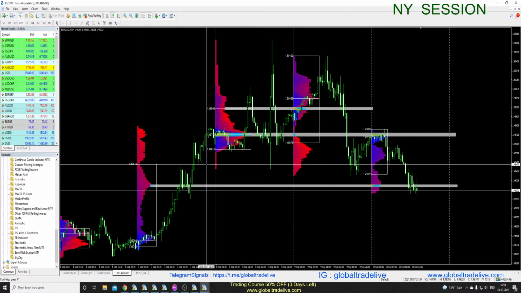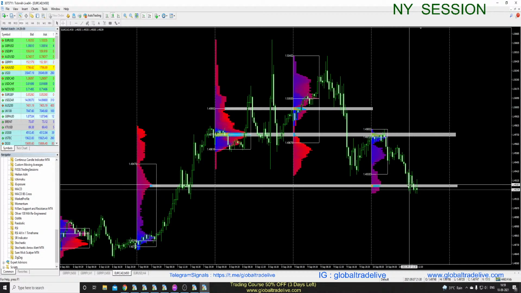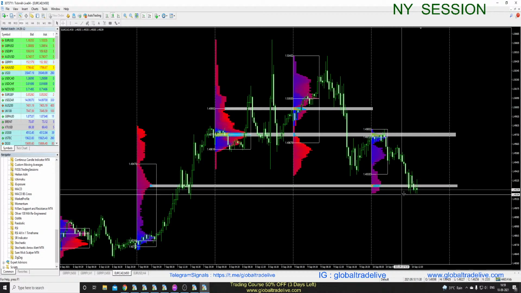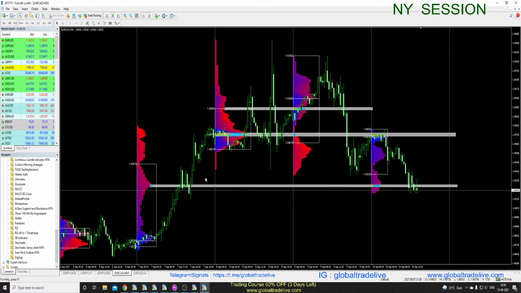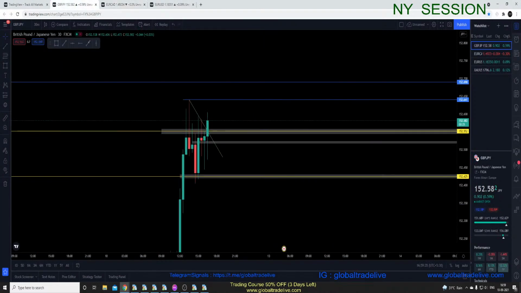After this area, there is this area where the volume was really low, so it just passed that area and went again to this side over here. So now again there is this point of control available at this point. The market went down, now it's struggling. Right now it's consolidating, so it needs volume to push the price down further to this level, to fill this range and to fill this symmetry. So I think the next candle can be a strong candle pushing EuroCAD downwards.